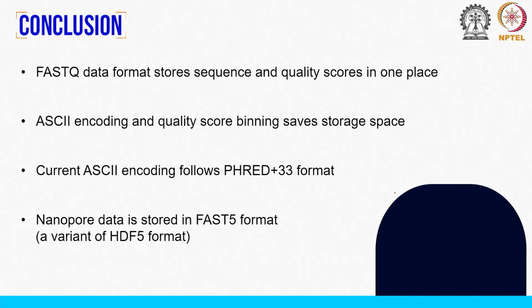And finally, we saw that nanopore data is stored in FAST5 format, which is a variant of the HDF5 format. You have the raw data, which is the current data, and this raw data can be useful in case you have applications where you want to look at the real time events that are happening.